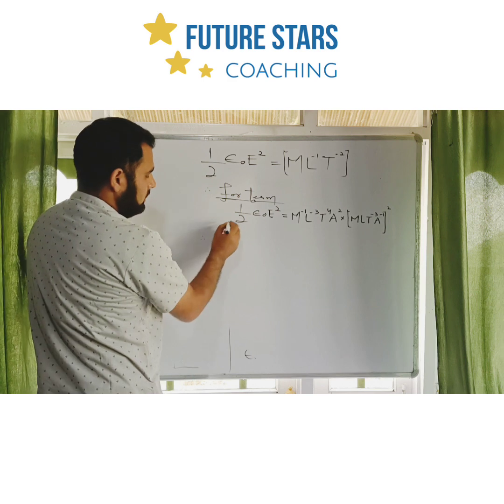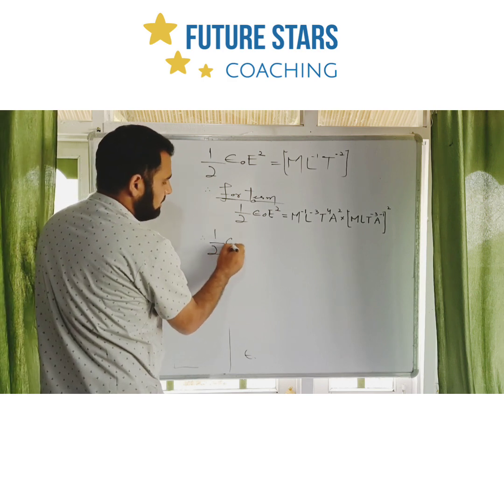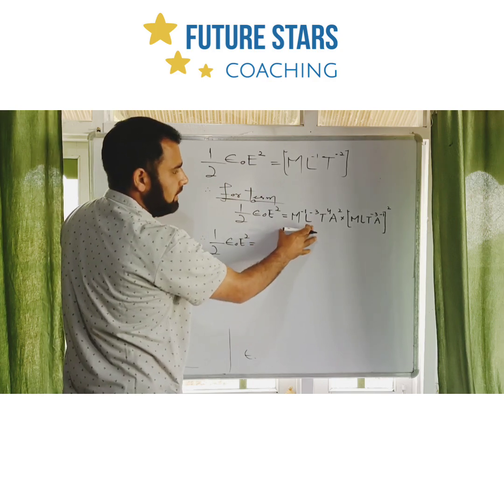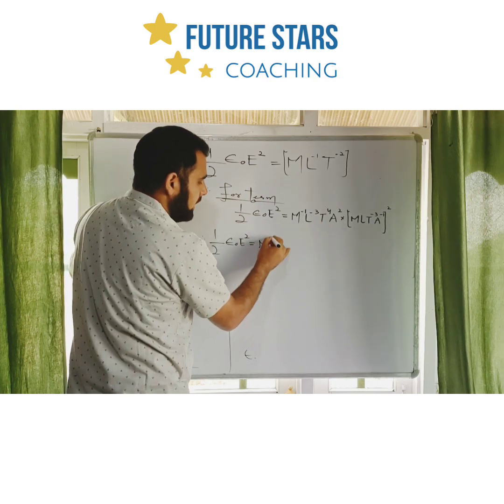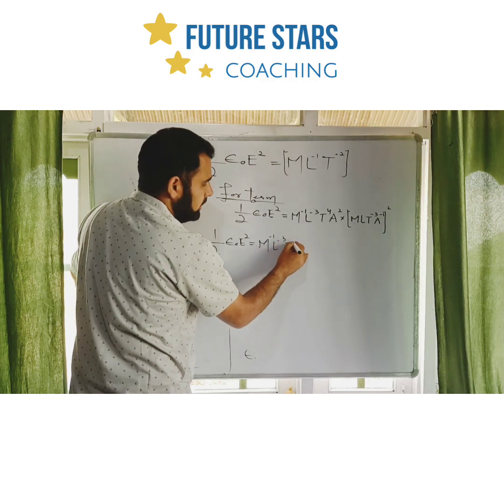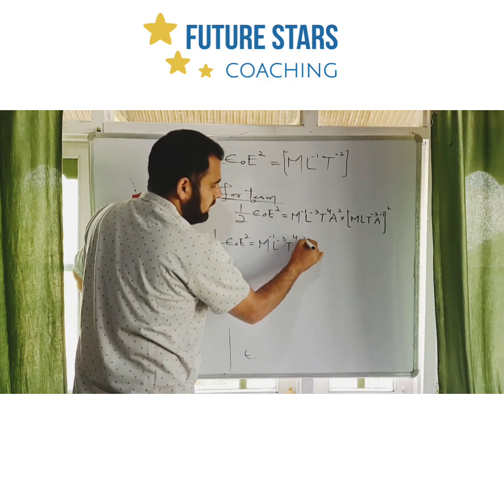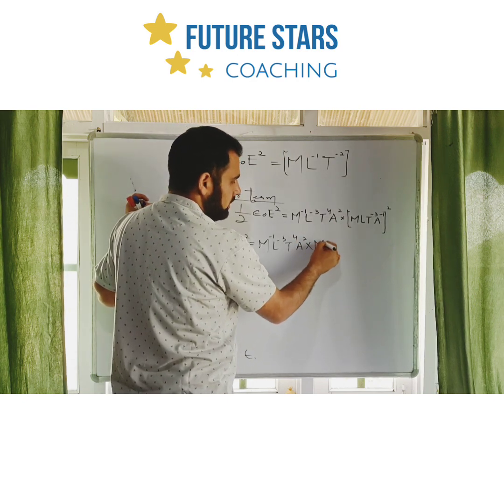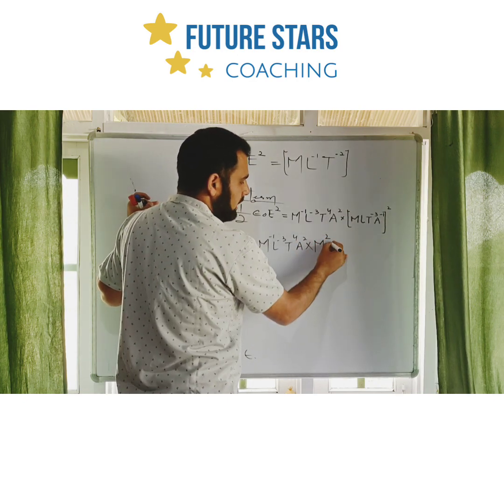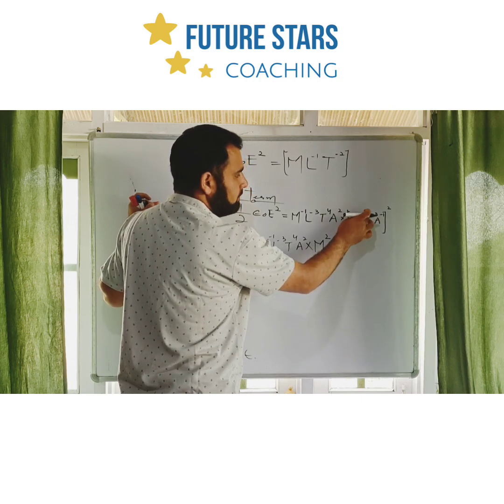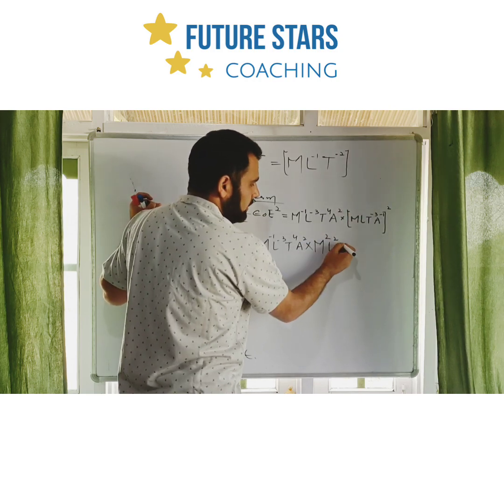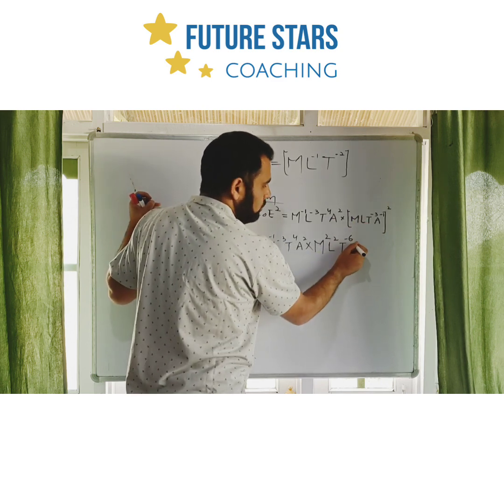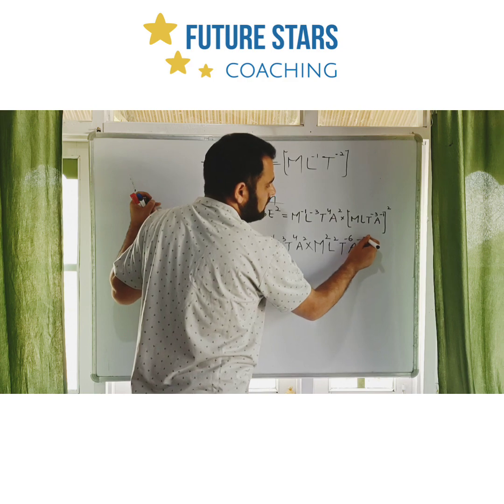So the term 1 by 2 epsilon naught E square, that is energy density of electric field, has dimensional formula M raised power minus 1, L raised power minus 3, T raised power 4, A square into, now here it is M square, then L square, T raised power minus 3 into 2, it is T raised power minus 6, A raised power minus 1 into 2, so it is A raised power minus 2.